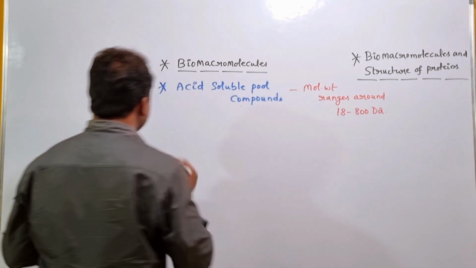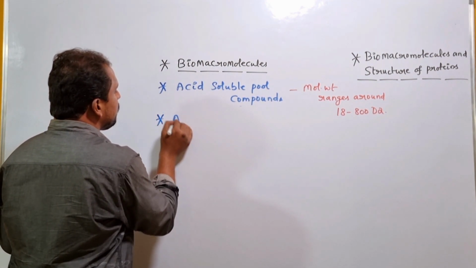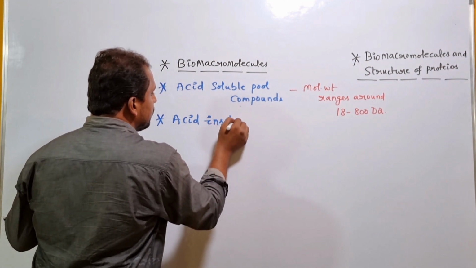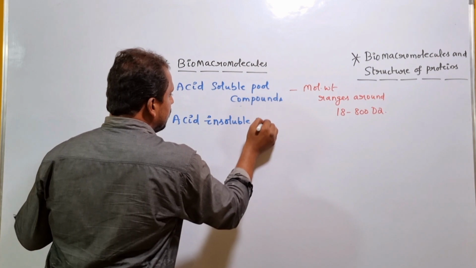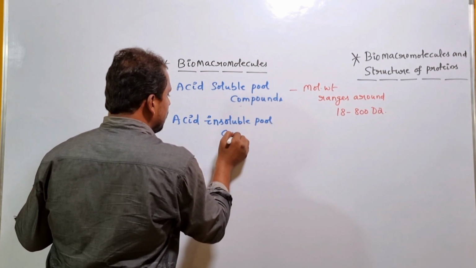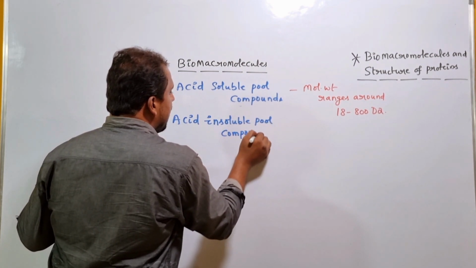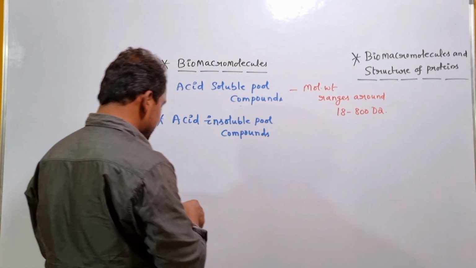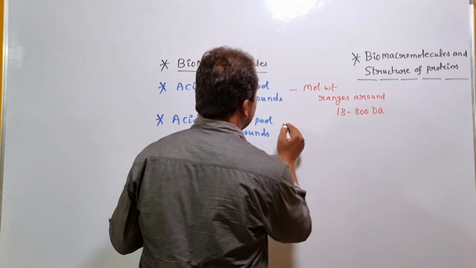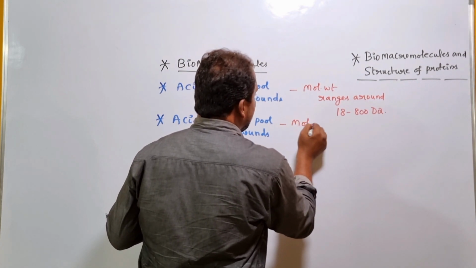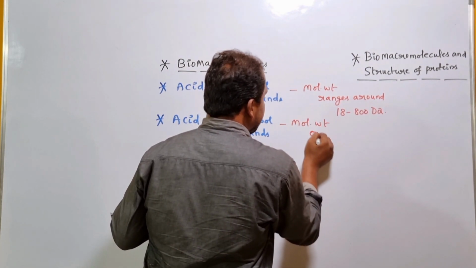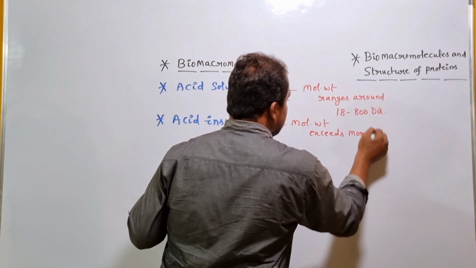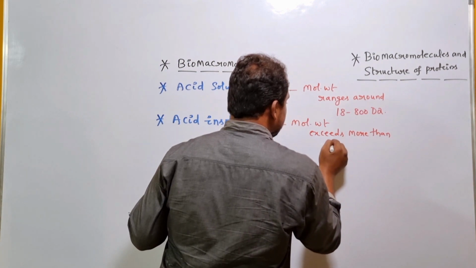Then in the same way, if we consider the acid insoluble pool compounds, all the compounds which come under the acid insoluble pool, their molecular weight exceeds more than 1000 Daltons.